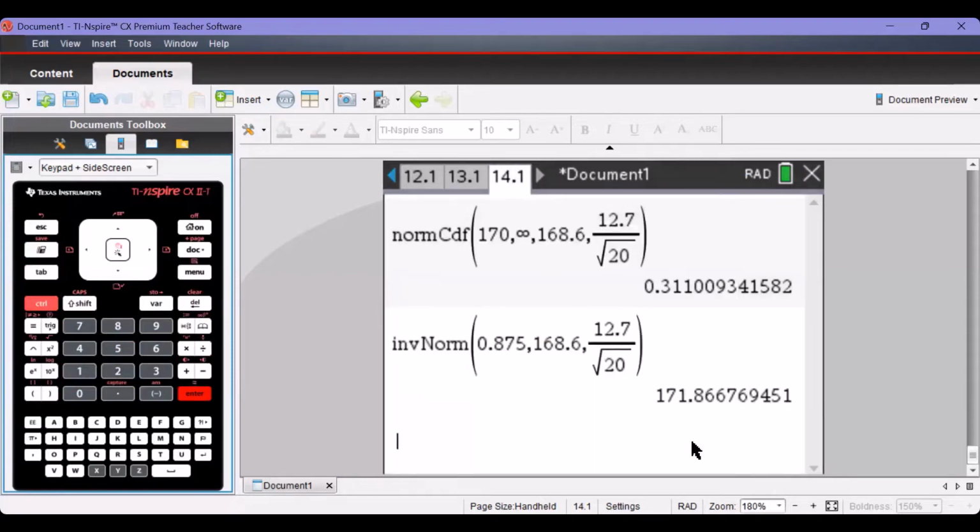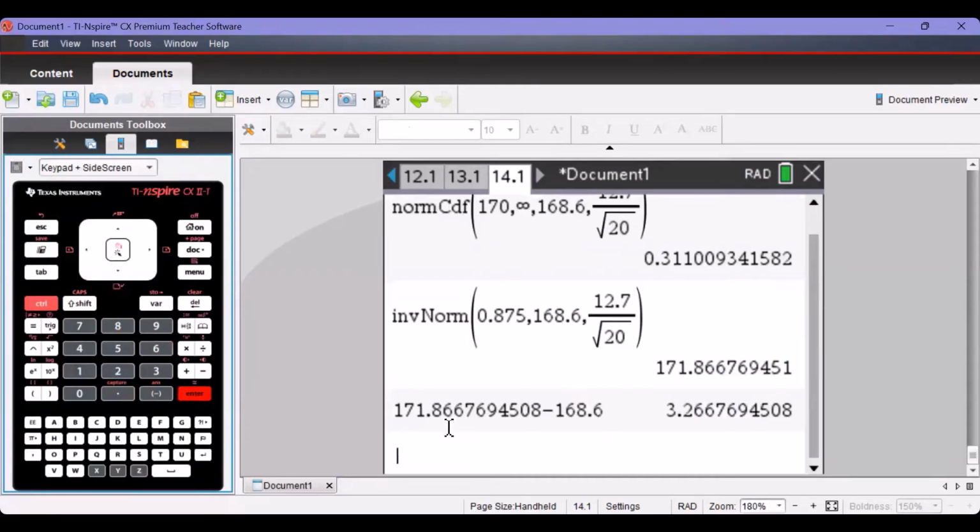And so we get a value, which we can equate to 168.6 plus h, of 171.86, etc. So if we go up and grab that answer and then subtract from it 168.6, press enter, we can determine that the value of h, correct to 2 decimal places, is 3.27.